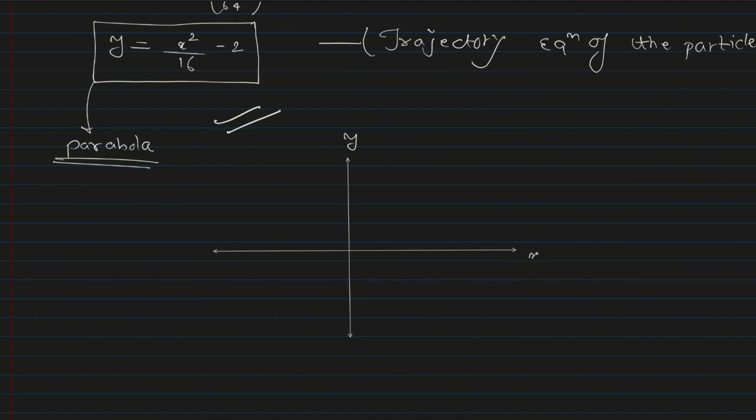This is the y-axis, this is the x-axis. y equals x square over 16 minus 2. When x equals 0, you'll have y equals minus 2.